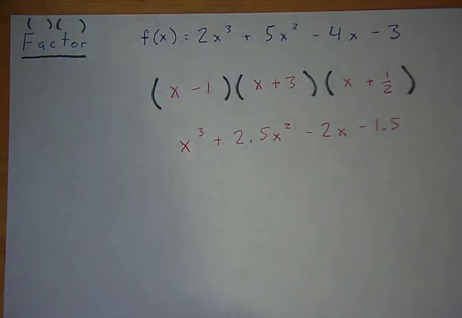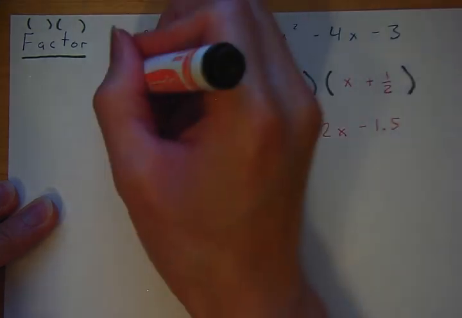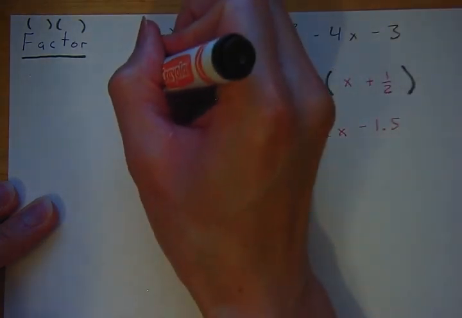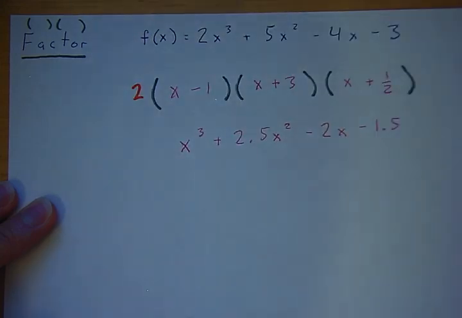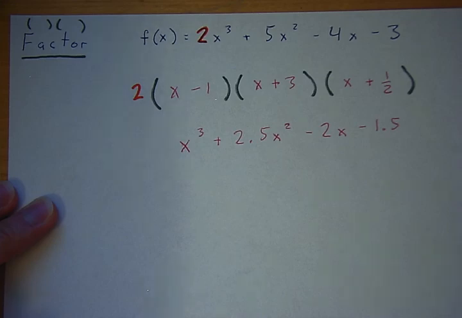What you have to do to finish making this line here equal to our f of x is that you'd have to multiply in the front by 2 because of this 2 here as your leading coefficient.